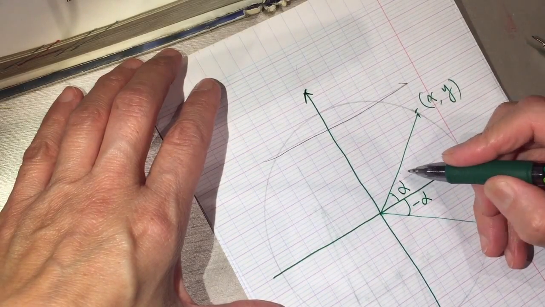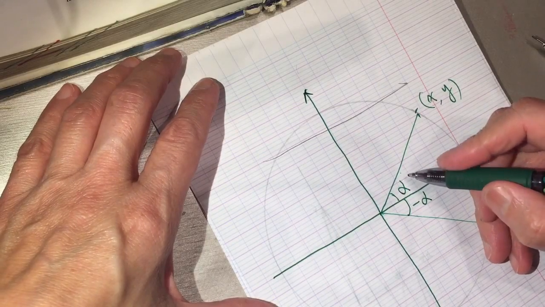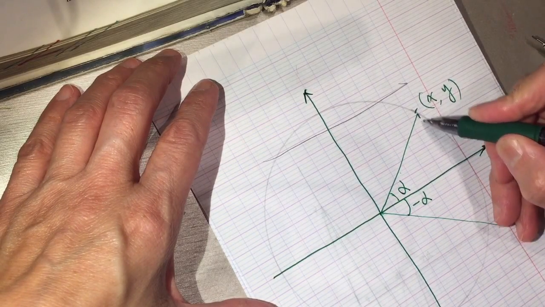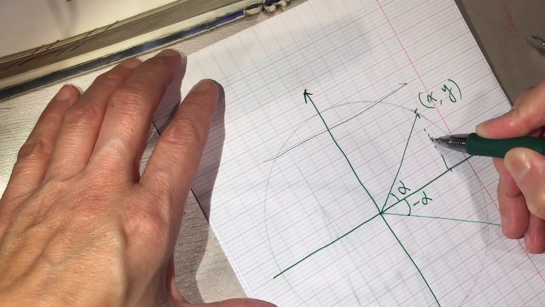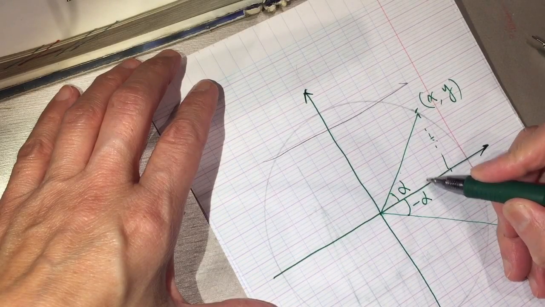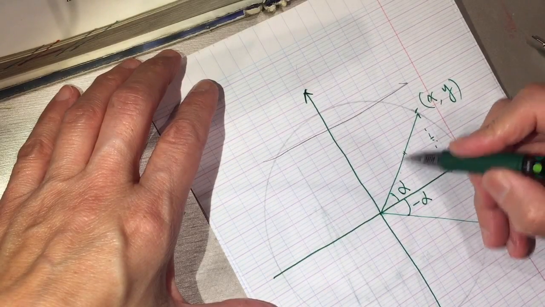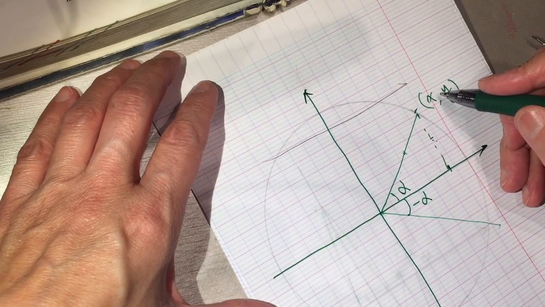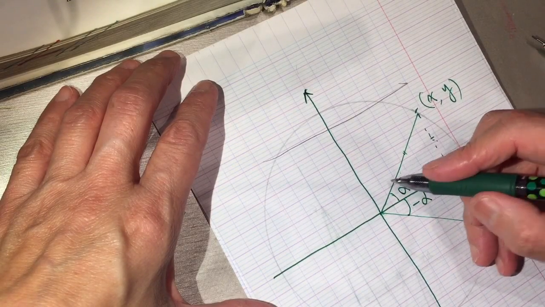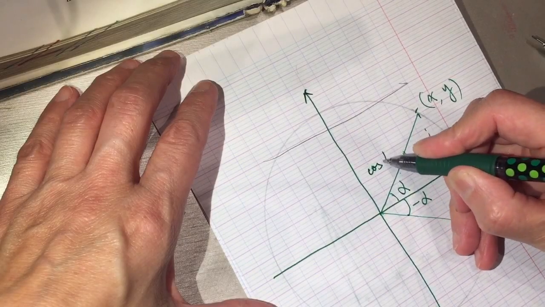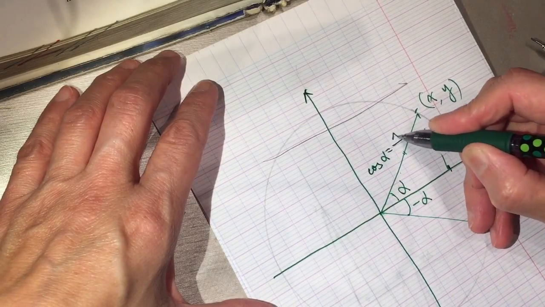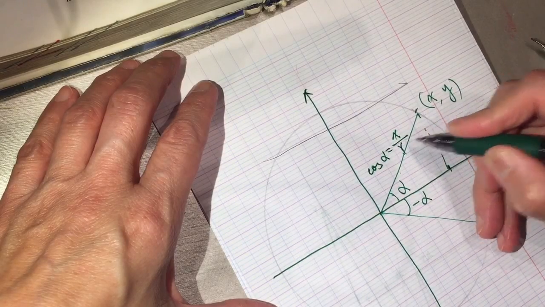And so sine is y value over radius, right? And the cosine alpha equals x over radius.